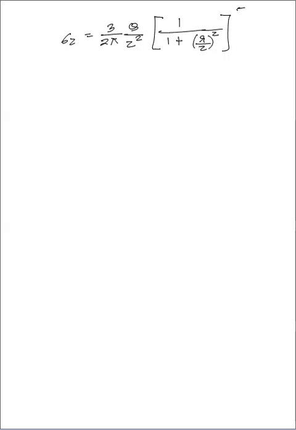So you know what R is. R is basically the radial distance, and Z is the perpendicular distance exactly below the point load.